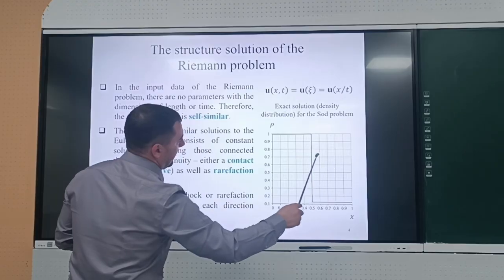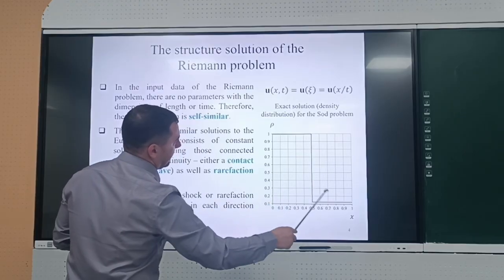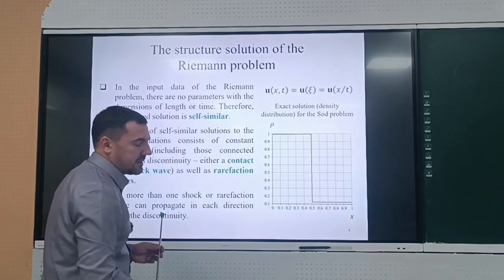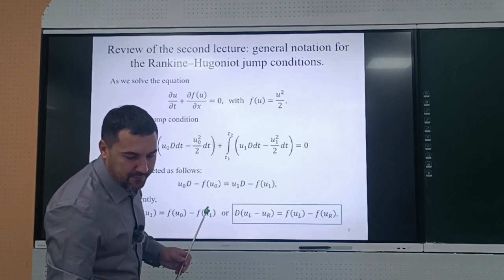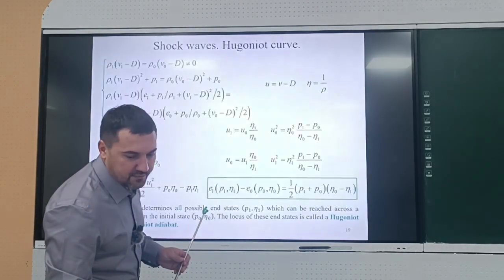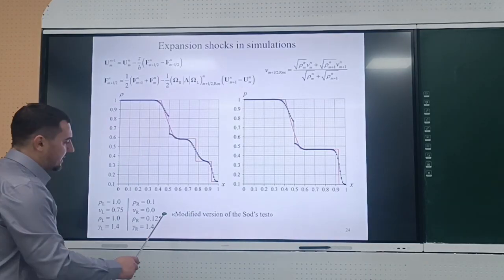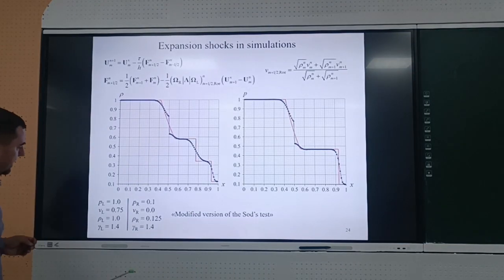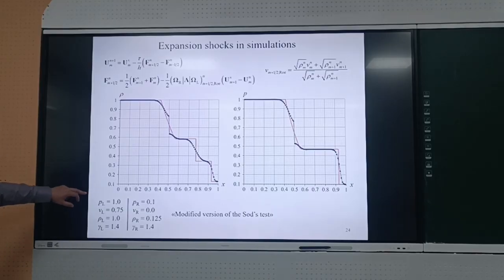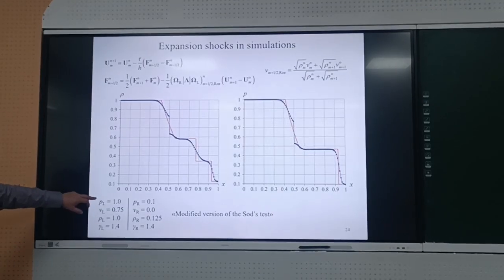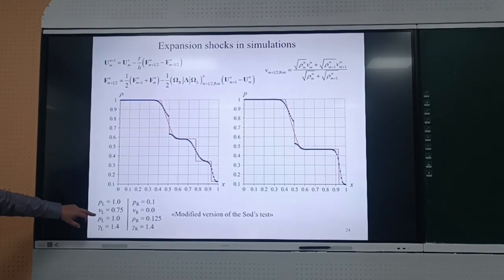Velocities are 0 to the left and to the right, and the gap of pressure is 10. But this test is more difficult. It is called a modified version of the Sod test. Here we have the same parameters to the left and to the right for pressure and density, but we have a non-zero velocity to the left.